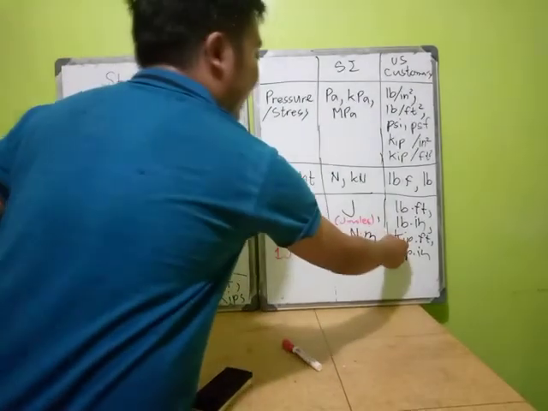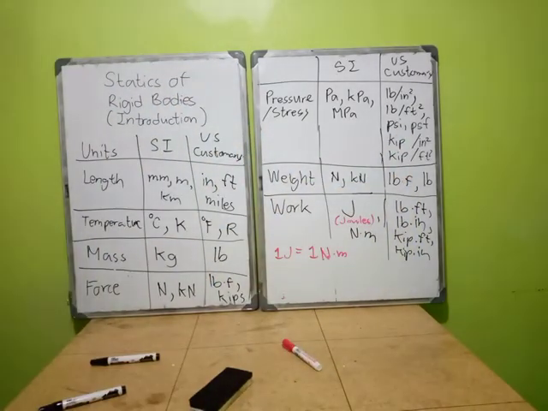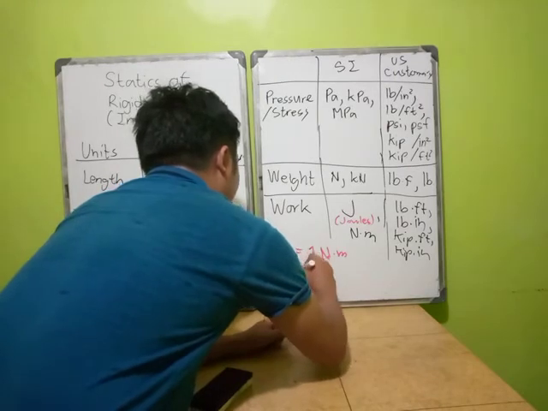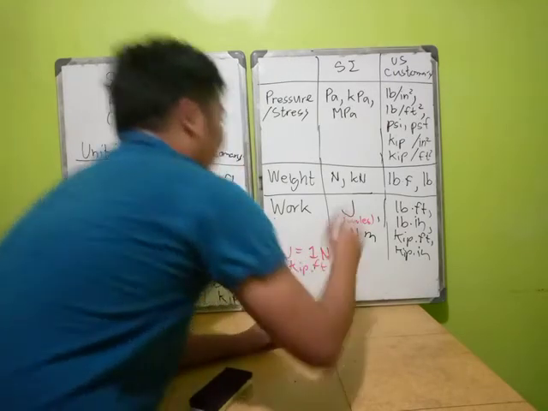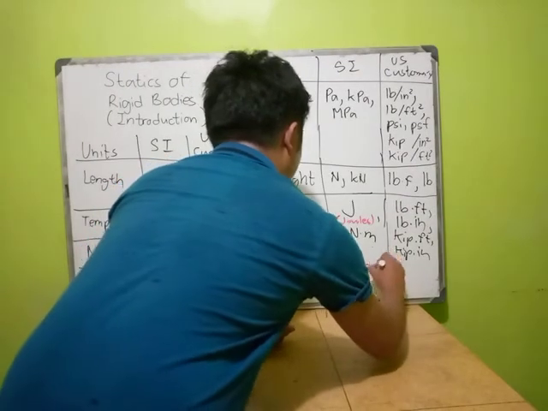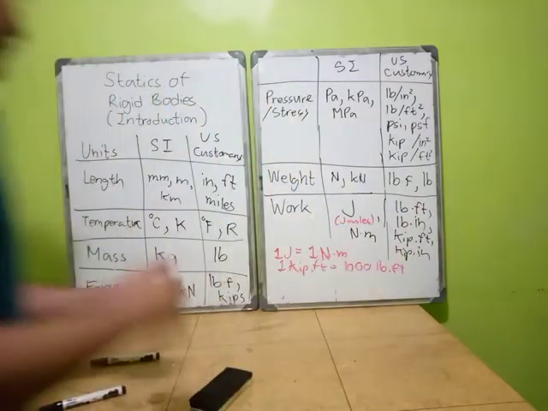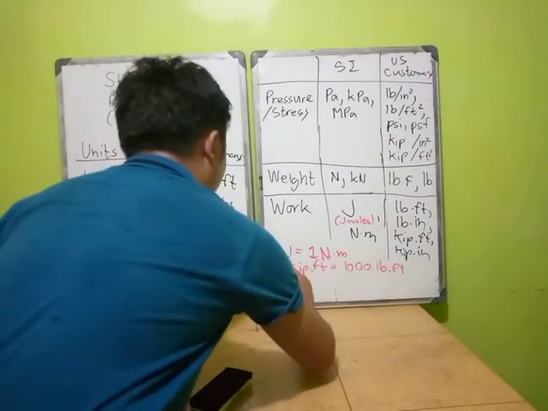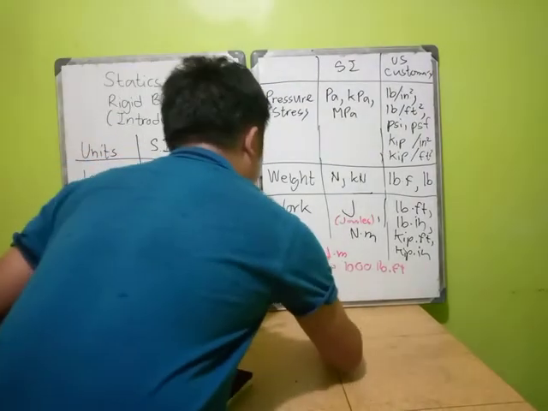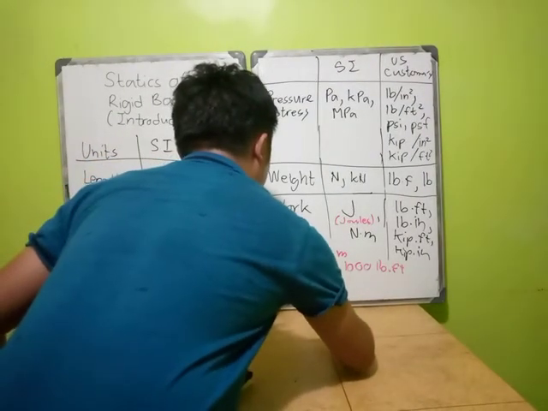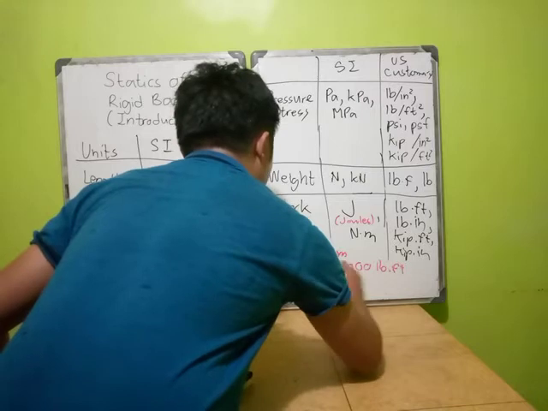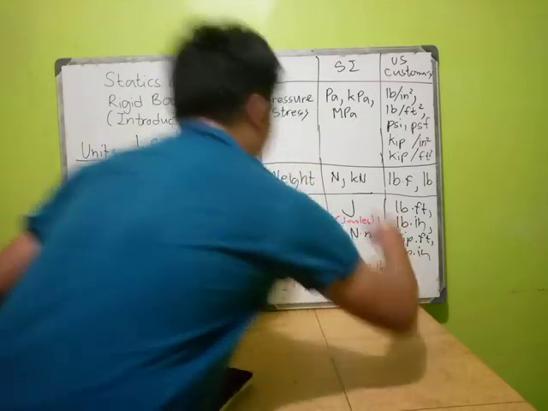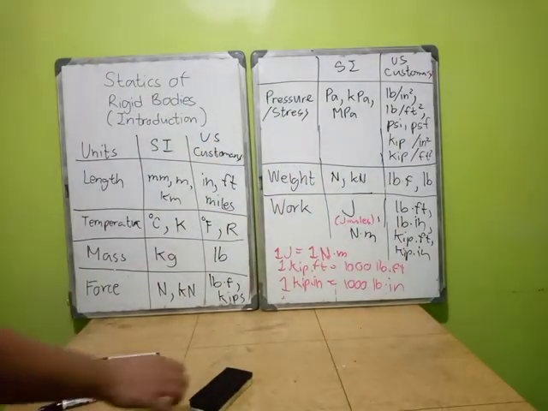So, ibig sabihin 1,000 pounds. Kaya, ibig sabihin yung 1 keep foot is equivalent to 1,000 libra foot. Okay? So, same as 1 keep inch. It's equivalent to 1,000 pounds inch. Okay, so ganyan. Yung work, unit ng work.